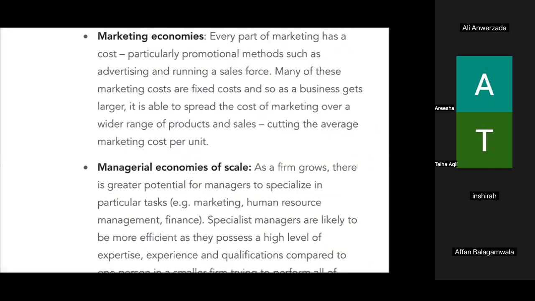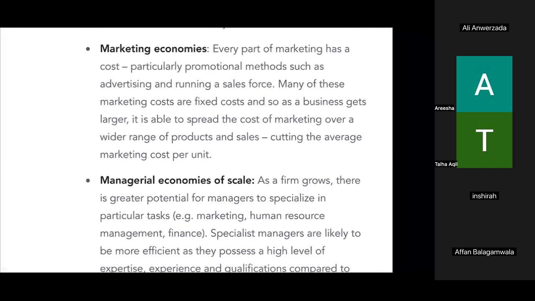Make sense? Then comes, guys, marketing economies of scale. Marketing economies of scale is simply the idea that when firms are marketing, it's a fixed cost. And let's say if you're a large firm, this fixed cost gets divided into many units. And your average fixed cost goes down because the cost of marketing is spread over a wide range of products. For example, if you look at Nestle, Nestle sells milk, chocolate, and yogurt.